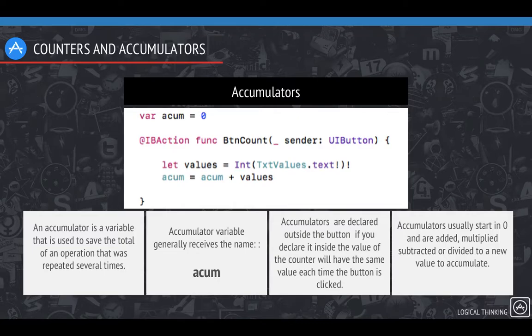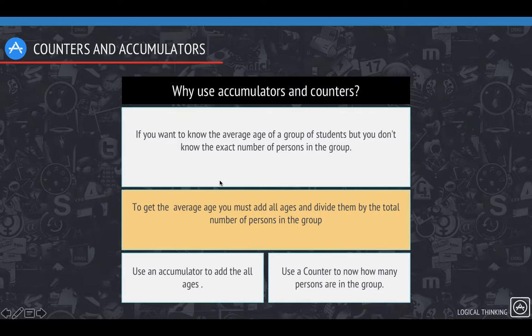Accumulators are also declared outside of the button, for example here, because if you declare it inside, once the user clicks this button, accumulator will restart to 0 and everything you've done does not accumulate once again. So you can add, here we're adding the values of whatever a user has inputted into a text field into an accumulator.